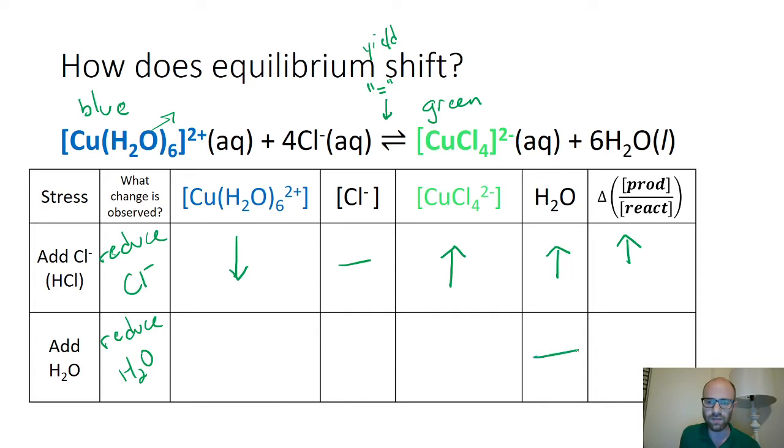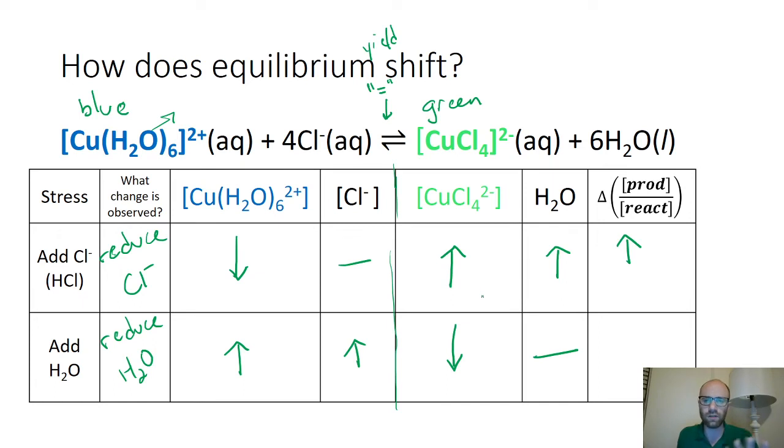So if our goal there is to do that, we're going to want to surround the coppers with water, which would then consume the amount of the chloride-surrounded coppers. And again, if we're now surrounding our coppers with waters, we're going to have more free chloride. So we see on either side of this double arrow that when we have this shift in equilibrium, the products and the reactants all do the same thing, as long as you're not focusing on the stress.